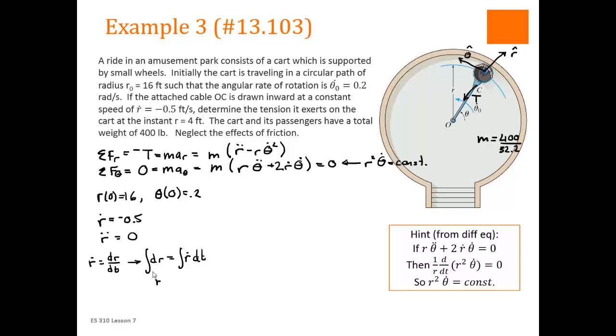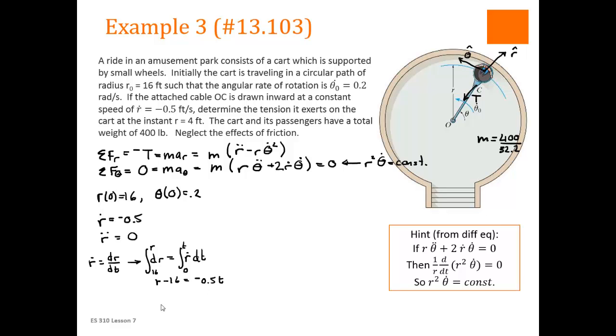This is going to be from the initial, which is 16, to the point we're interested in, which is r. And on the right from the initial, which is t equal to 0, to the time we're interested in, which is t. So this is going to be r minus 16 is equal to r dot, which was negative 0.5, times t.